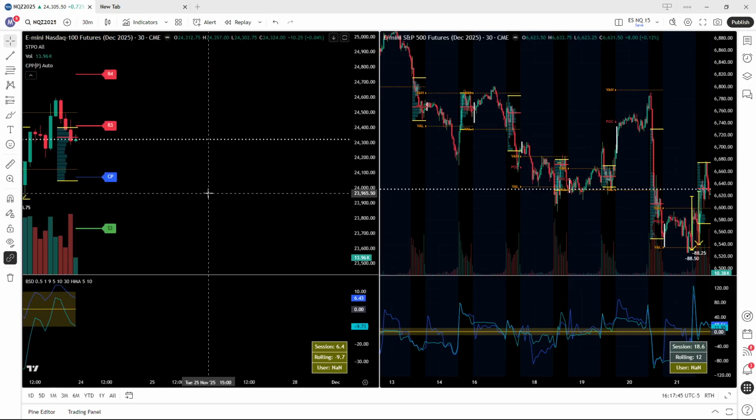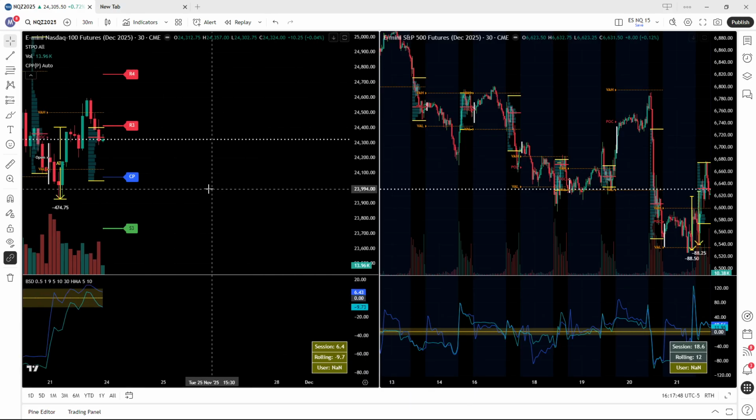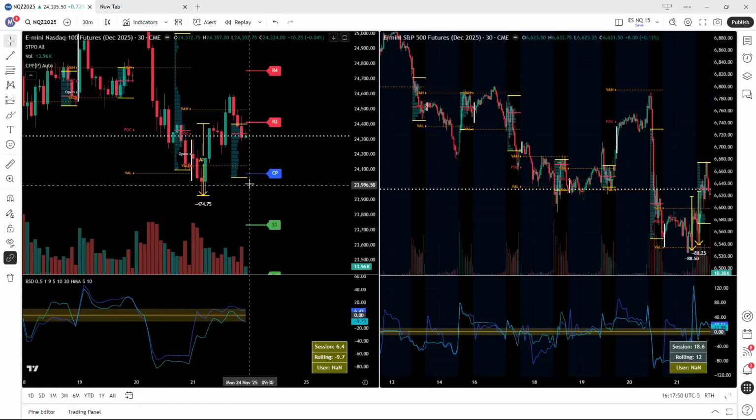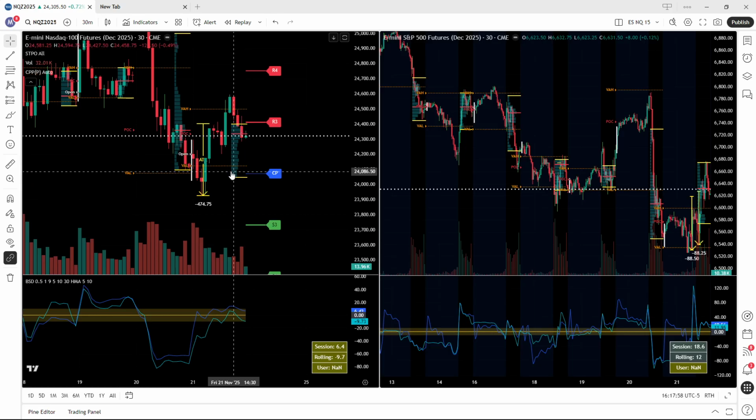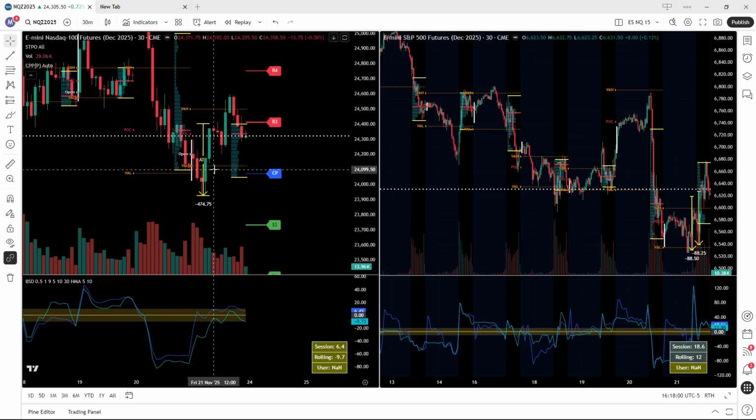I can see on any given day, this yellow is value according to volume. TPO is based on time.